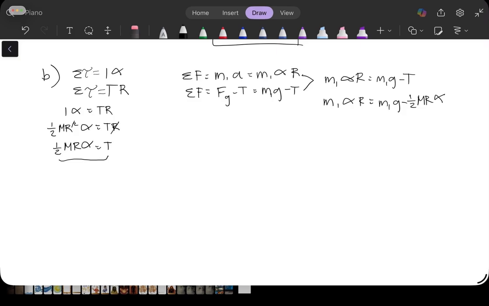And then we want both alphas on the same side, so I'm going to add this one over to that side. So I'm going to rewrite it over here. And then we're going to plug in the values.